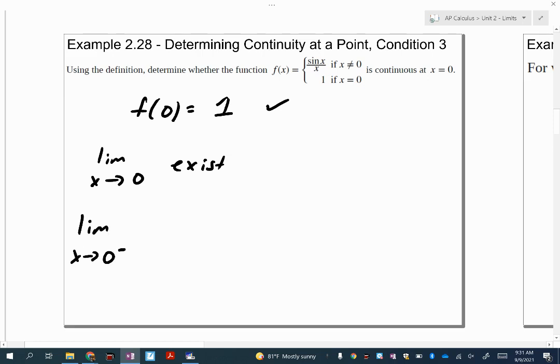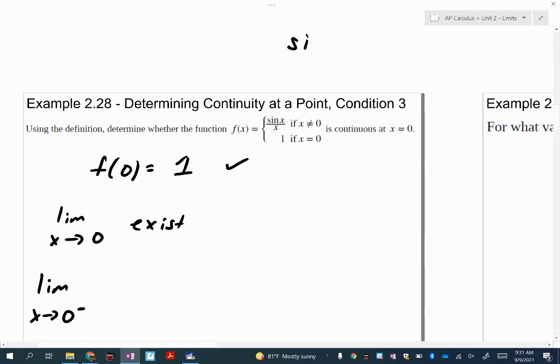So from the left, I guess we should do the first one, sine of x over x, for any values that are not equal to 0. And this is actually one that we talked about in the previous lesson. There was that hint that we had that said the sine of theta over theta equals 1.